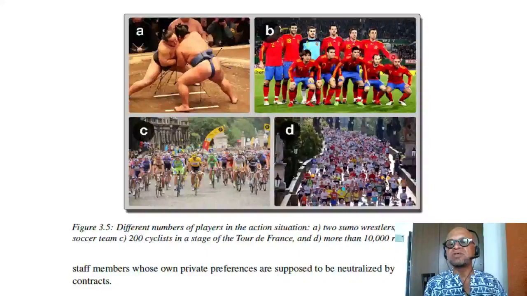Soccer has 11, I suppose, and the Tour de France has a large number of participants, but there are teams and there are rules, and teams organize themselves to make one leader, co-leader. There are very complicated rules that I don't even understand, but maybe you do. And of course you have the marathon, where more than 10,000 runners run. There are rules to be followed, there are paths to be followed, and then one person wins.